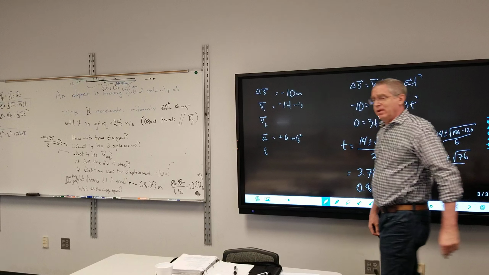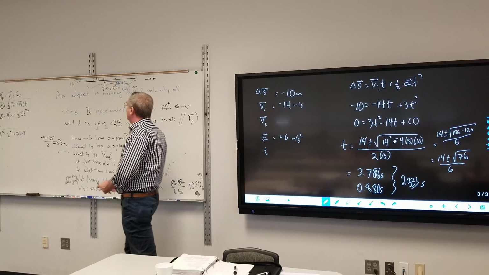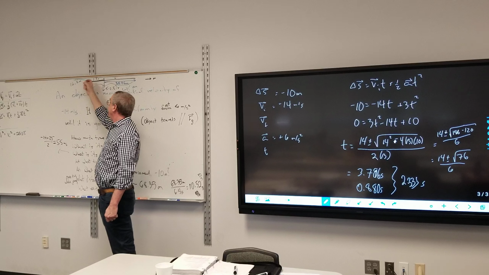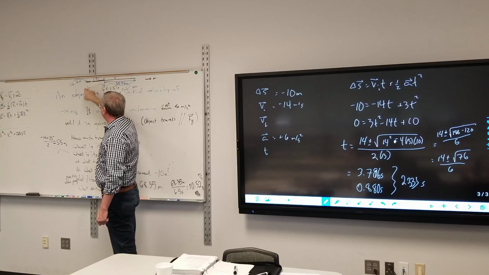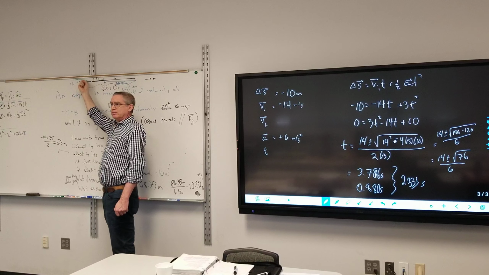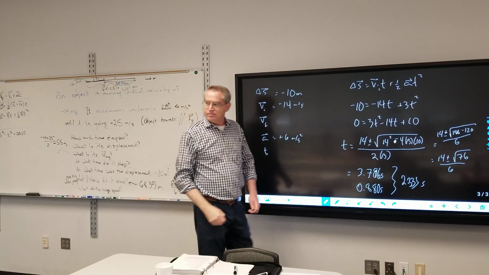The average, as I expected, is the amount of time it takes to stop. There's a symmetry here. It's going to pass it going to the left, going to the right, so somewhere around there. And the average of those two times is just going to be this point right here, 2.3 seconds, 3 repeating.